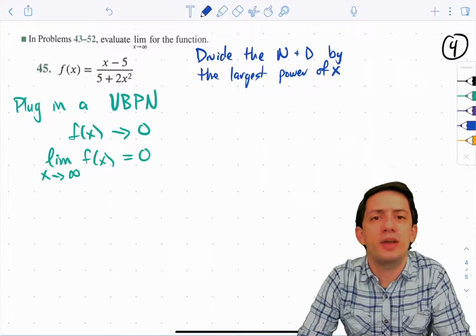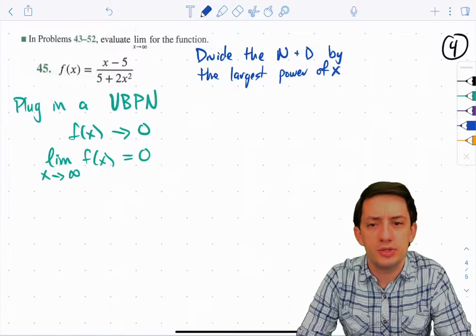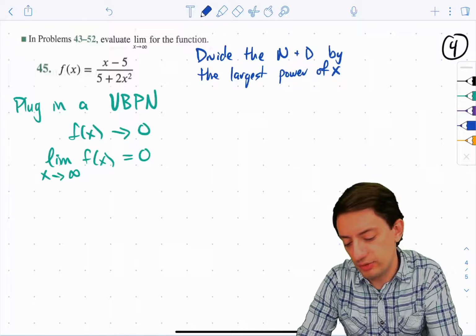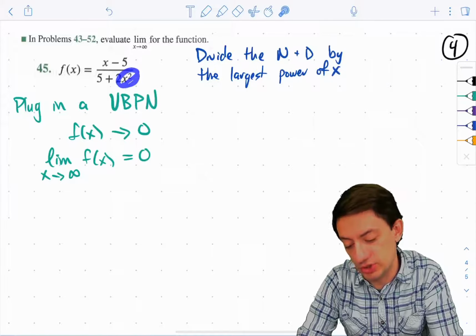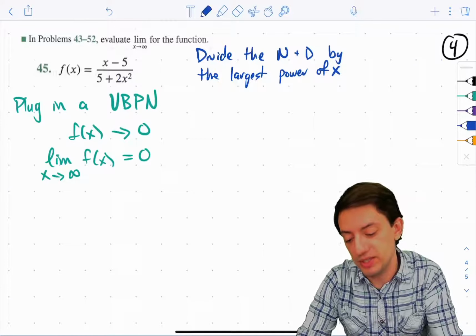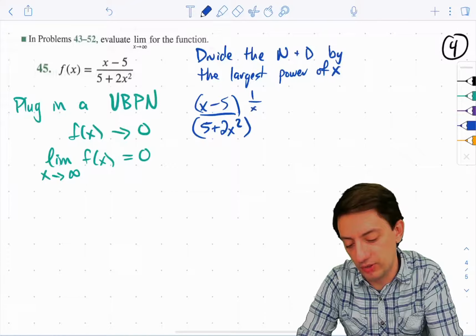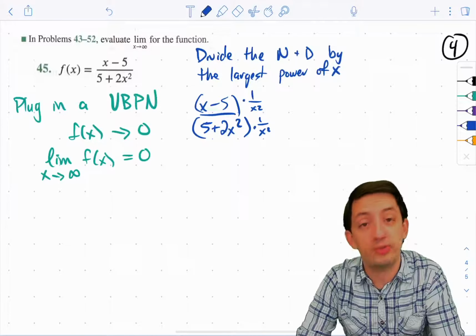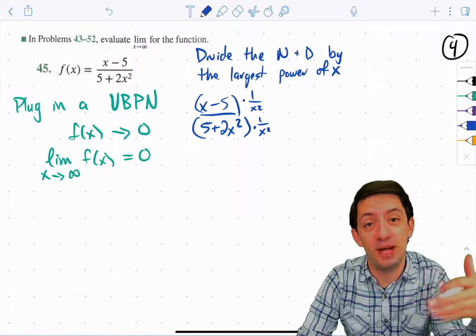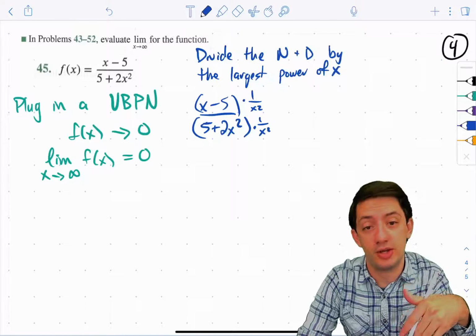The largest power of x here is the x squared, with the 2. So we can take our fraction and multiply the top and the denominator by 1 over x squared. You're allowed to do that to a fraction. As long as you multiply the top and the bottom by the same thing, you haven't changed the fraction.